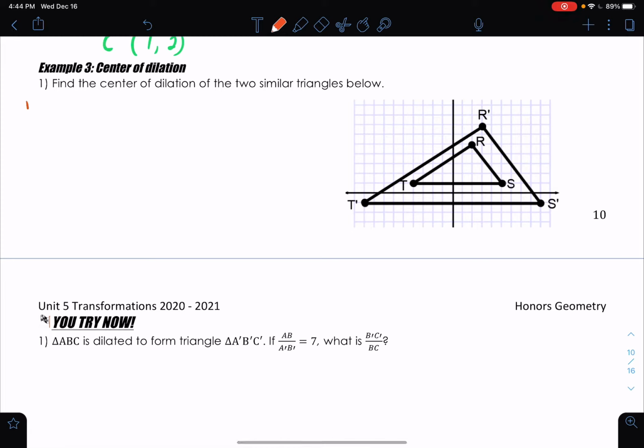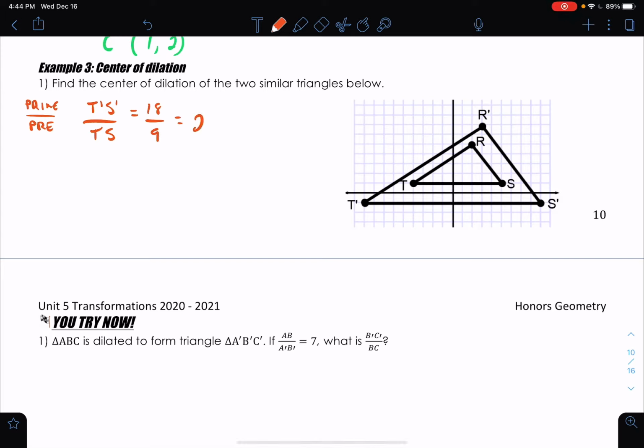And if I find the scale factor, that's prime over pre. All right, so T' to S', I'm going to use that just because it's horizontal. T' to S', if I count it out, that's 18 units long. So T'S' is 18 over TS, which is, if I count that, 1, 2, 3, 4, 5, 6, 7, 8, 9. 9.